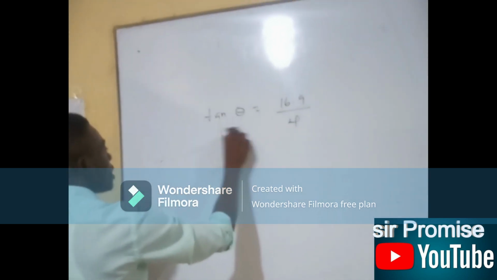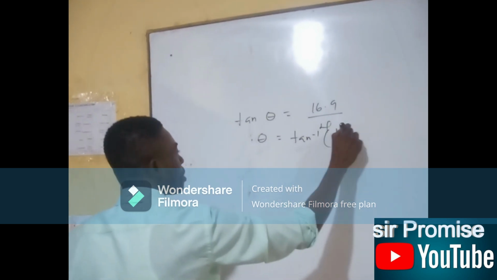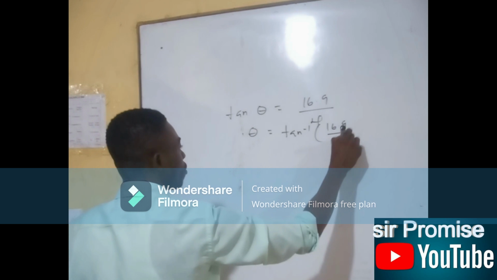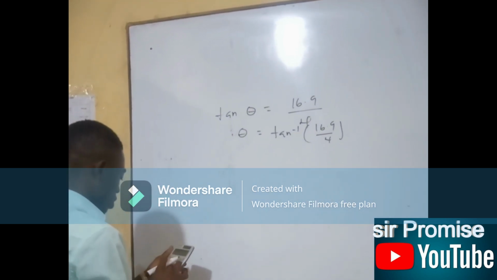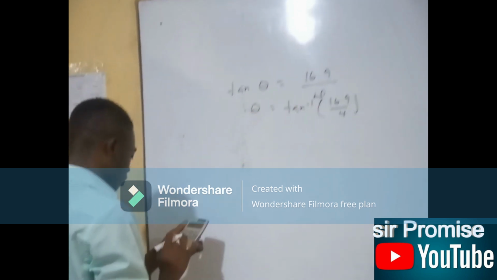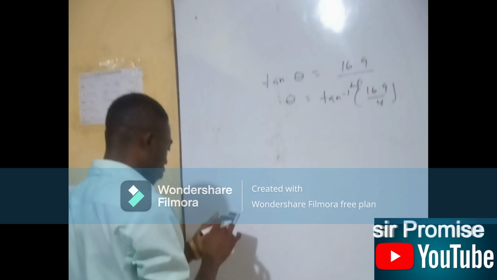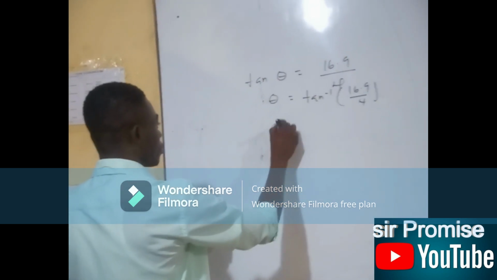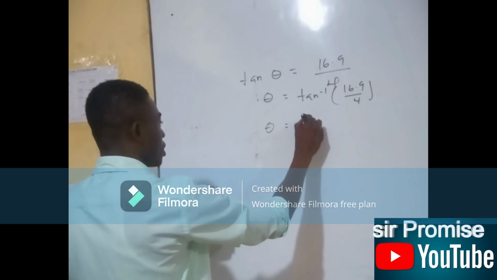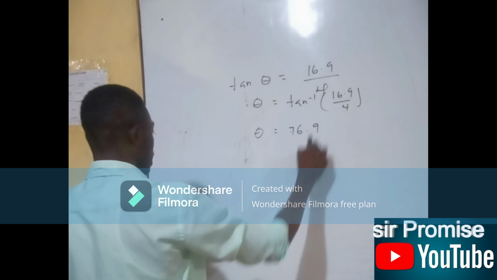So theta is going to be the tan inverse of 16.9 on 4. So let's work this one. The tan inverse of 16.9 on 4 is going to give us 76.9.